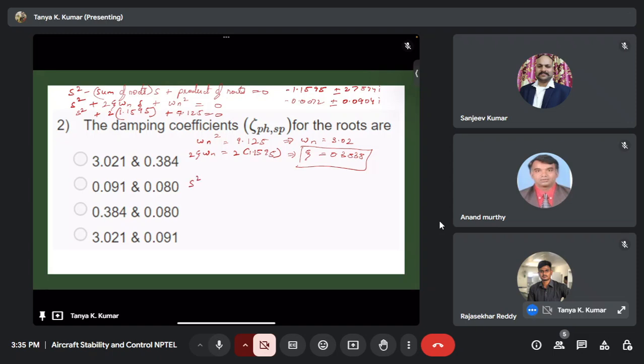You get s square plus 2, you equate it to this second order equation. So which one is the option? It's this.